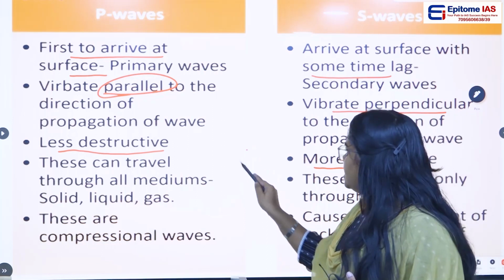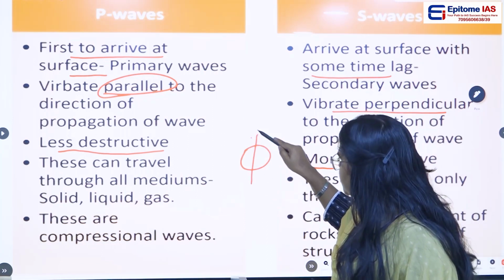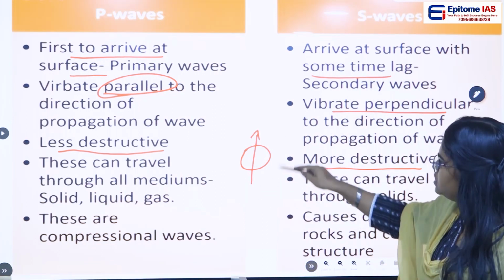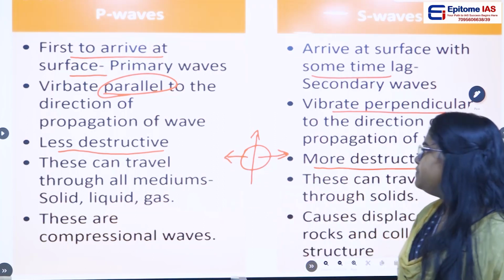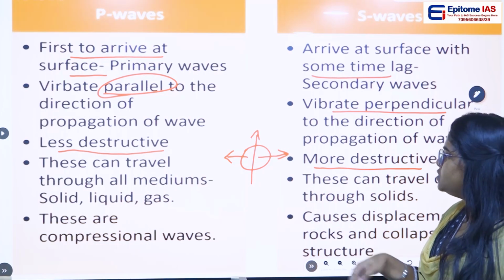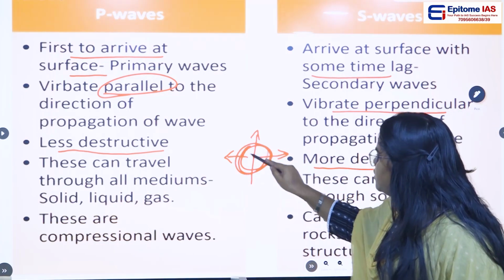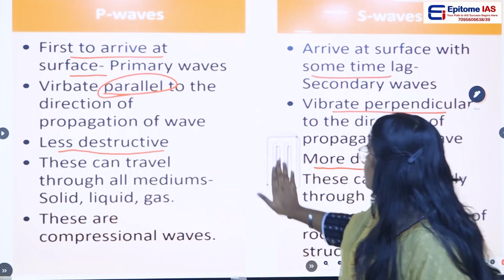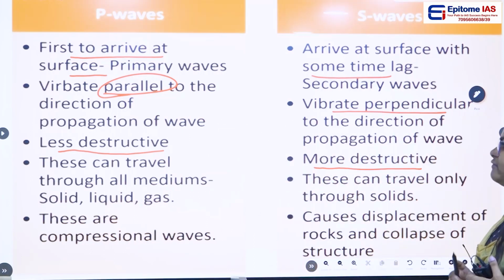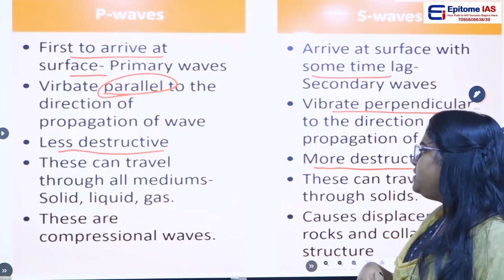Why? Let's say there is a rock and this secondary wave is passing through this rock. So the force is applied perpendicular to the direction of the wave. So this rock will be disturbed, right? So the destruction is more in the case of secondary waves compared to the primary waves.